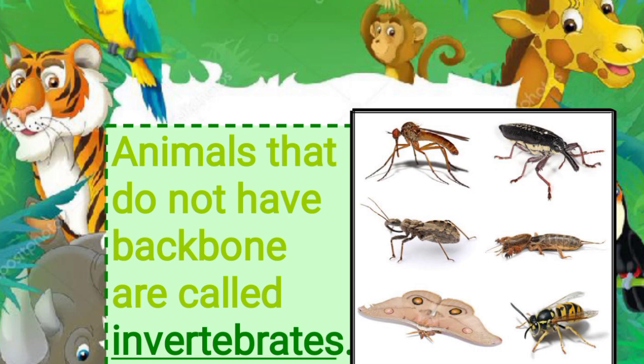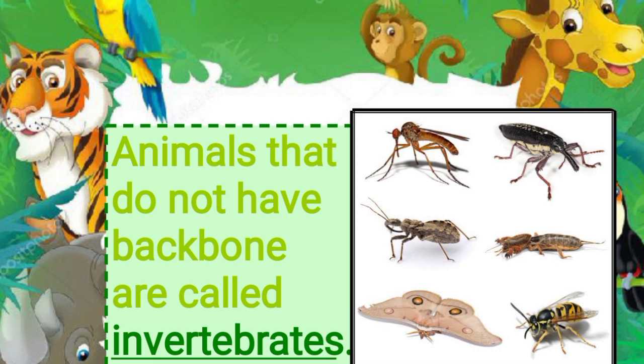Insects have 6 legs and their body is divided into 3 parts: head, thorax, and abdomen. Most insects have a hard outer covering made up of a material called chitin.